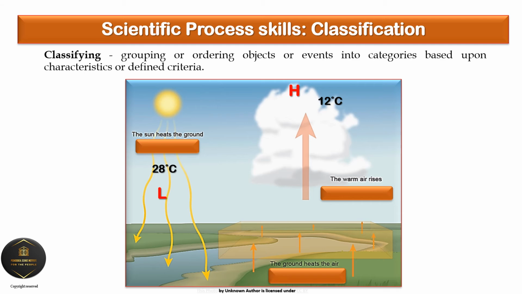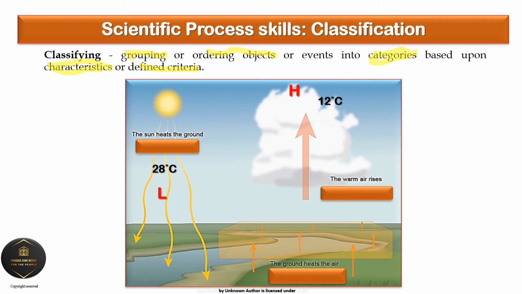So that's what classification means. It simply means grouping or ordering objects or events into categories. And remember, you need to have a basis for grouping, so it can be based on characteristics or a specific criteria that you've put in place. So that's very important for us to think about.